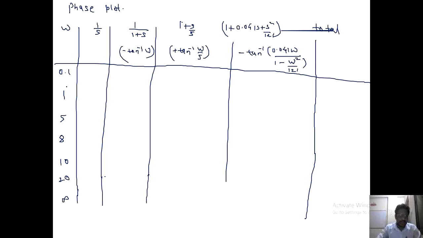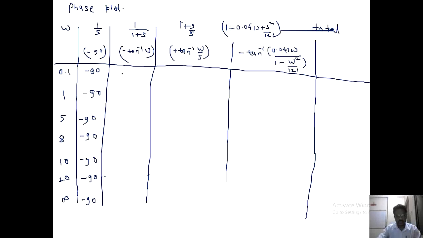For all these values of omega, the angle will be minus 90 because there is a pole at the origin, so the angle is decided. So for every value of omega, the angle will be minus 90. And here put omega equal to 0.1 up to 20 and calculate all the values with the formula minus tan inverse omega.